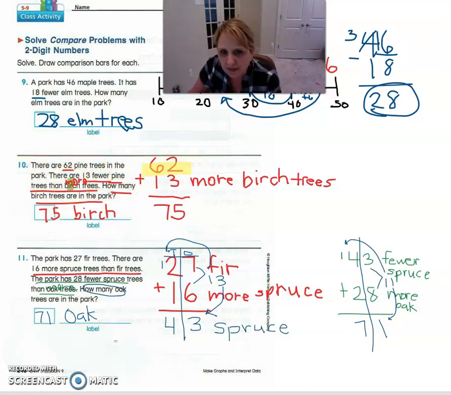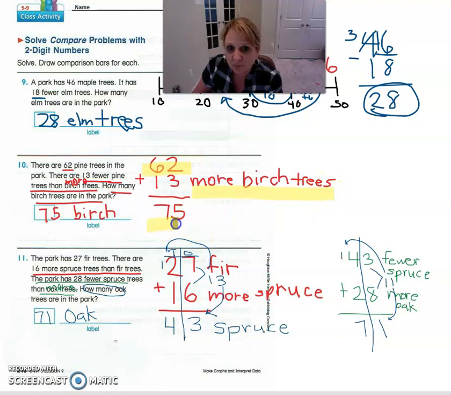So at first I thought I was going to have to subtract. But then I realized that these are the pine trees. And fewer pine trees meant more birch trees. Okay, so if there were fewer pine trees, there were more birch trees. So 13 fewer pine trees means the same as 13 more birch trees.